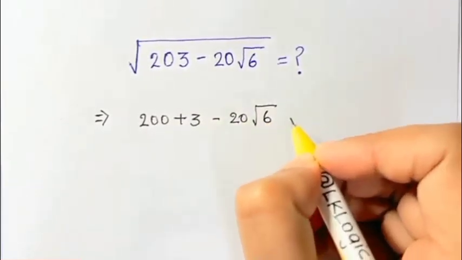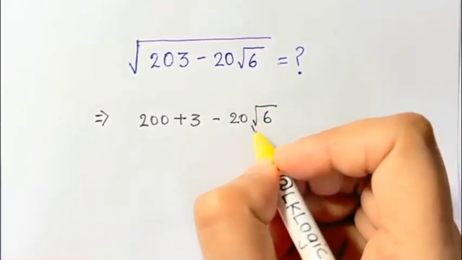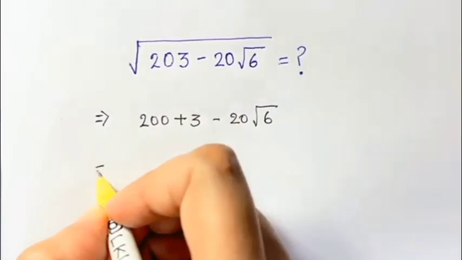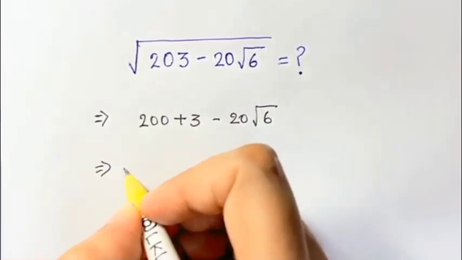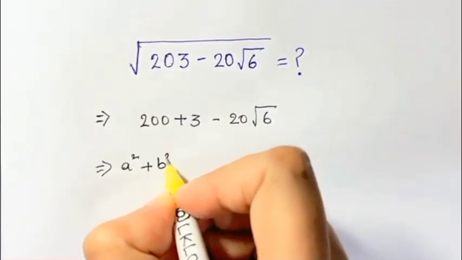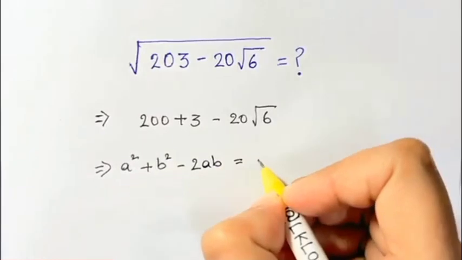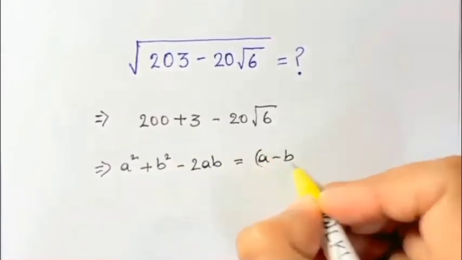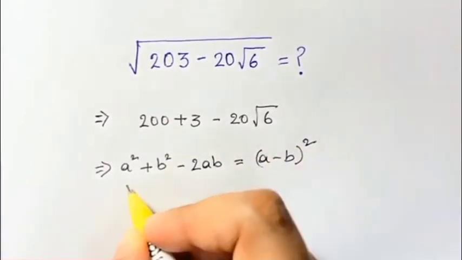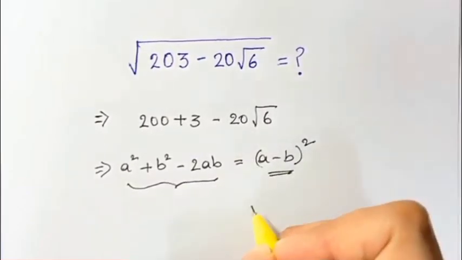Now the next step would be, I'm going to break down 20 root 6. Why I'm going to do this is, let me show you one identity: a square plus b square minus 2ab equals a minus b the whole square. Now I have something like this with me, and I'm going to convert it into this.